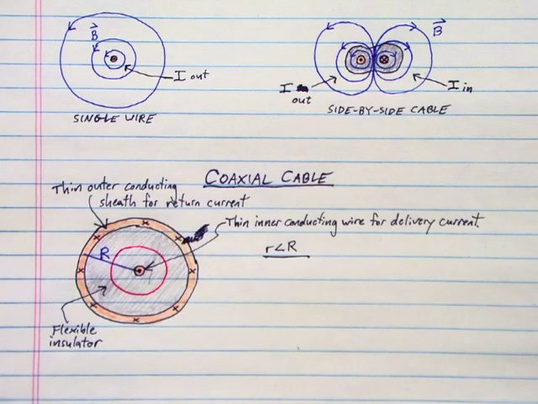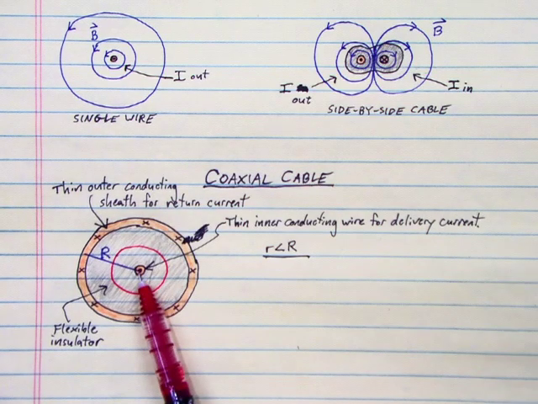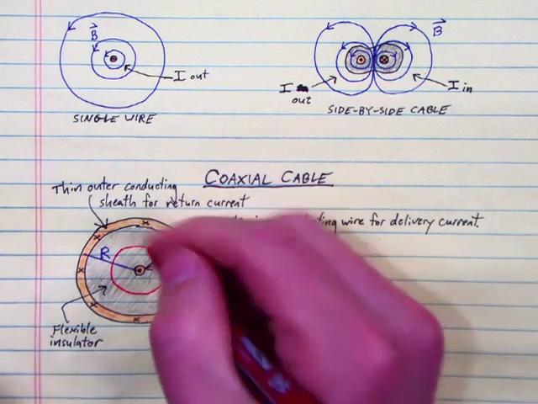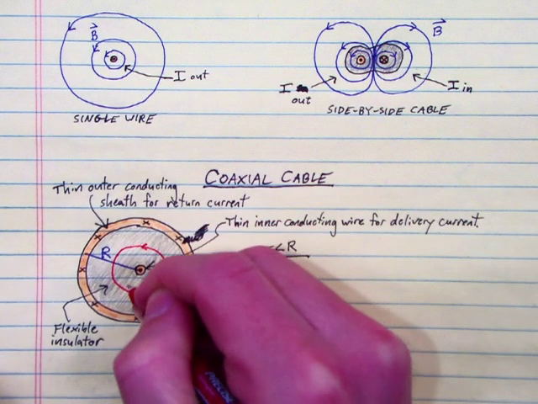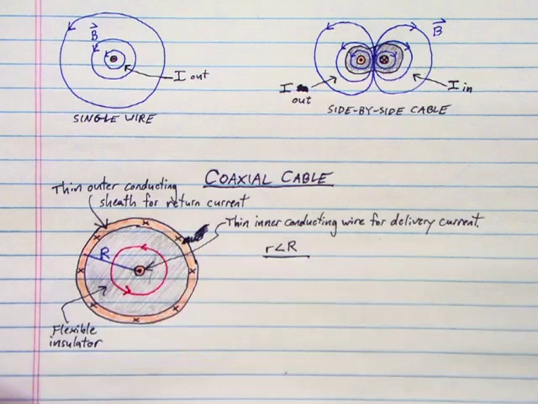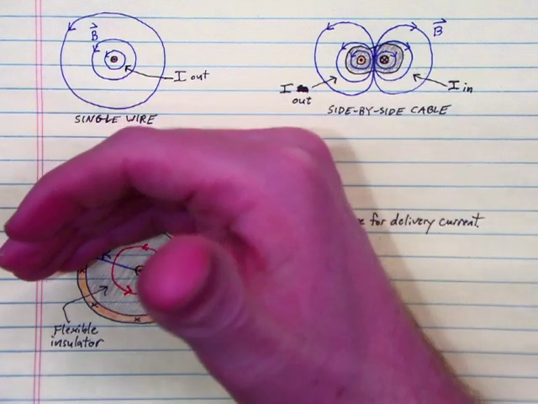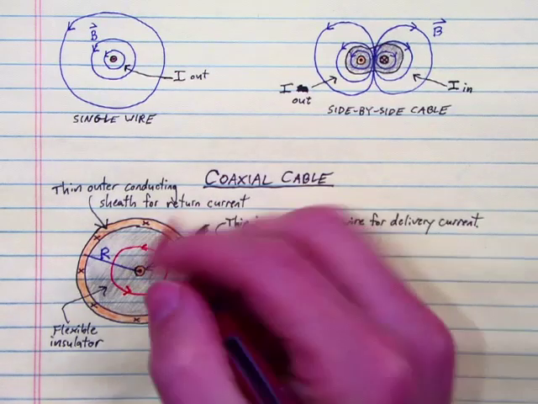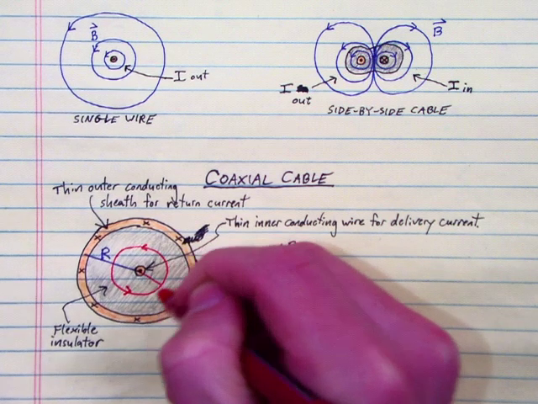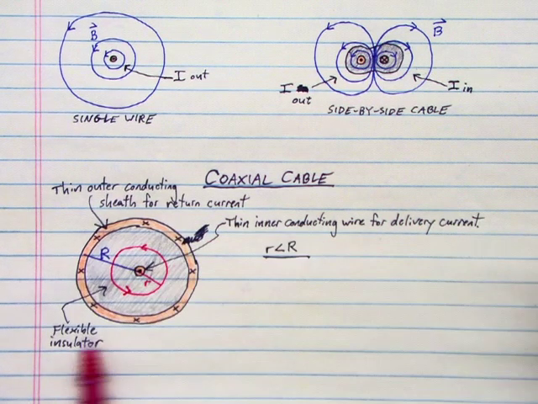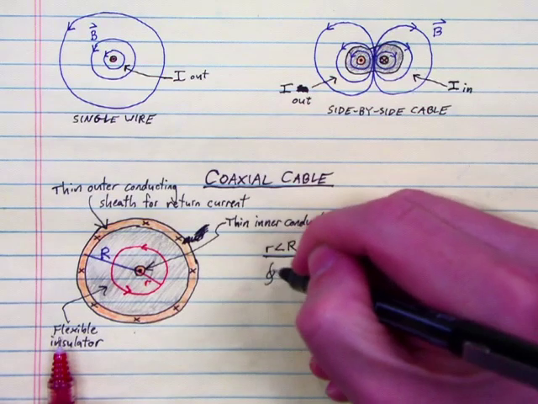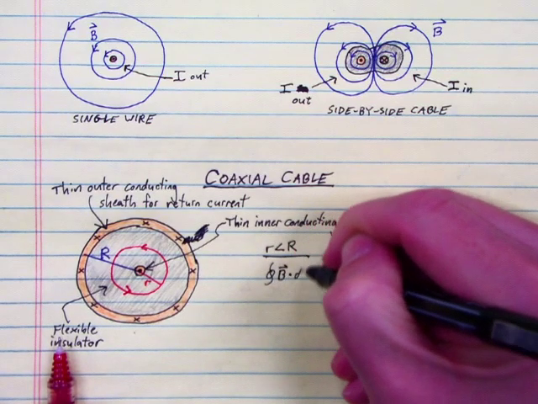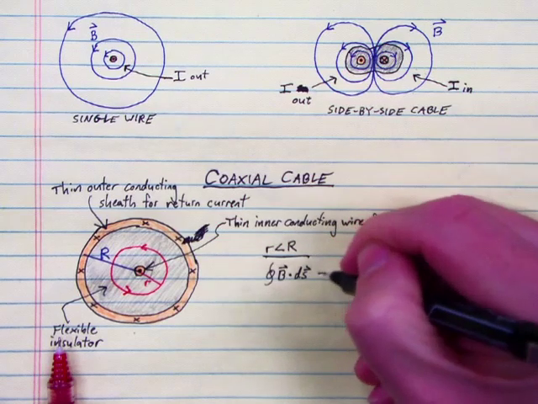inside here, and note that since that current enclosed is coming out, I'm going to use right-hand rule to specify that I'll be integrating counterclockwise around that Amperian loop here, this loop of radius little r. State Ampere's law. We're going to integrate B dot ds around that path.